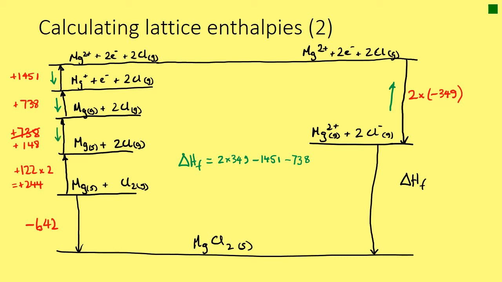Then we're going against that direction, so we subtract our 148, and same again here, we subtract our 244. But we're going with that arrow, so we leave the sign the same, and so that is minus 642. When we do all that, we get the lattice enthalpy of formation of magnesium chloride, which turns out to be minus 2,525 kilojoules per mole.